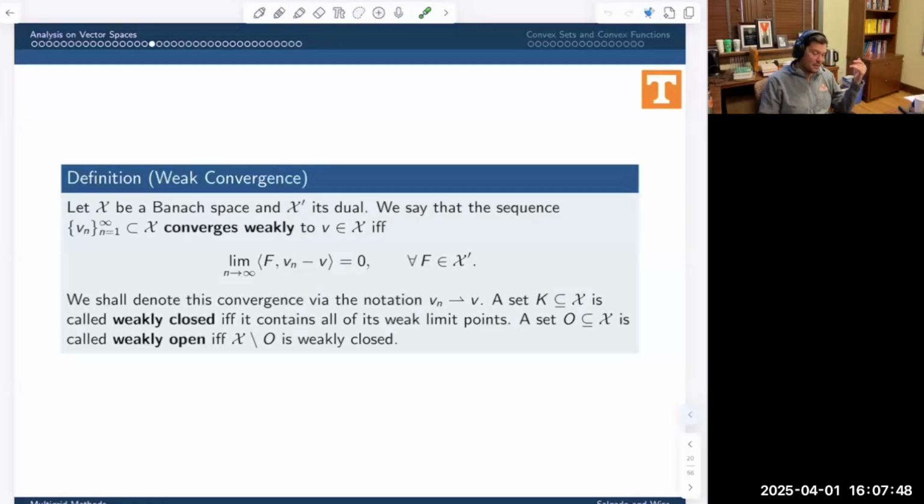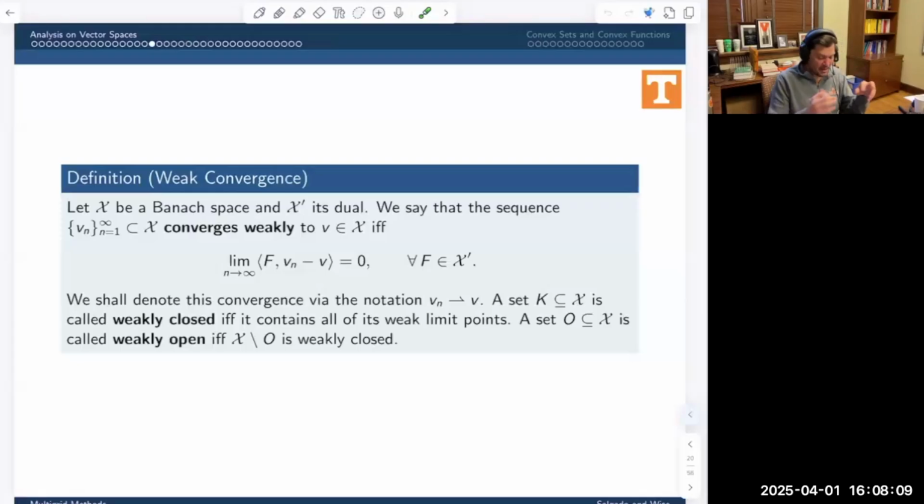And more specifically and mostly, we're going to be interested in mappings from Banach spaces into the real numbers, the real line.